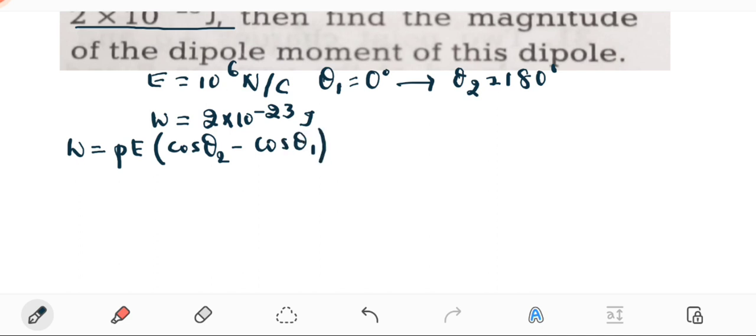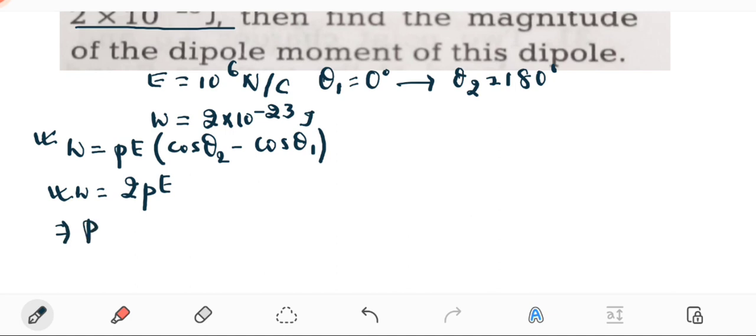In the previous question we derived this formula and got twice of pE. How we get it is discussed in the previous question; you can move backwards in the video and watch it again. So here work done is equal to twice of pE.